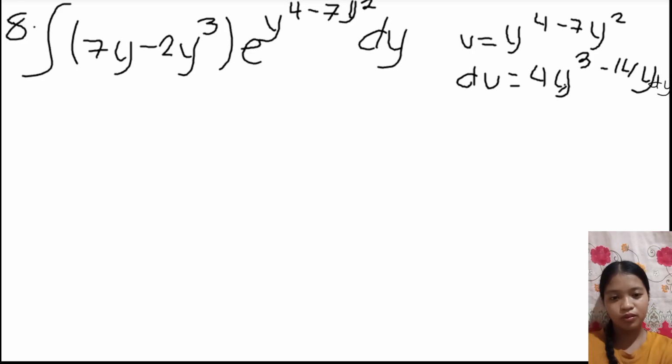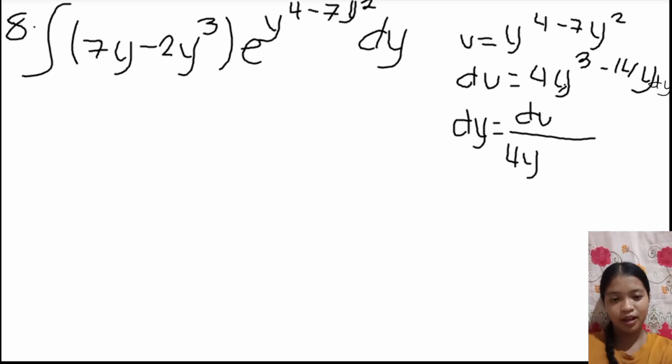Then we have to get its derivative. So the derivative of it is 4y cubed minus 14y dy. Then we're going to get the dy. So the dy is equivalent to du over 4y cubed minus 14y.